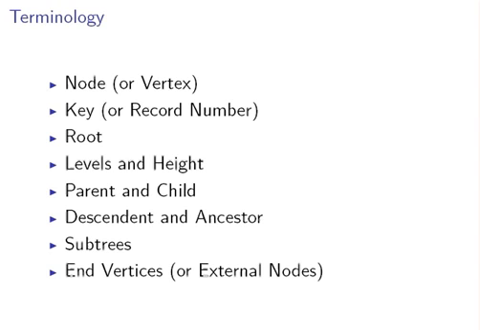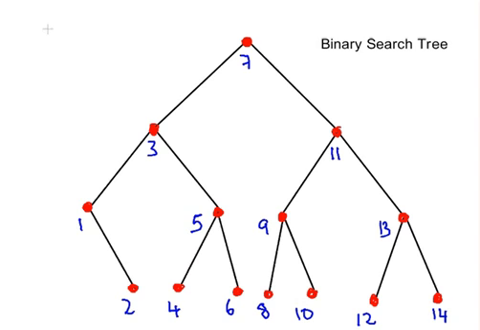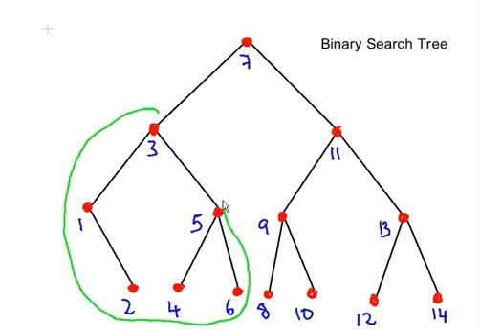Next, we're going to look at subtrees and also end vertices. Let's look at node 7. Node 7 has 2 subtrees. The first subtree is the left subtree, which is all of these parts here, which is the child of 7, which in this case is 3, and all descendants of 3.